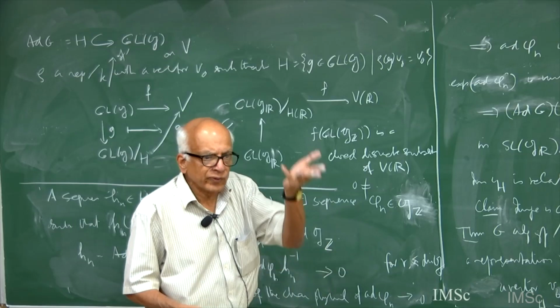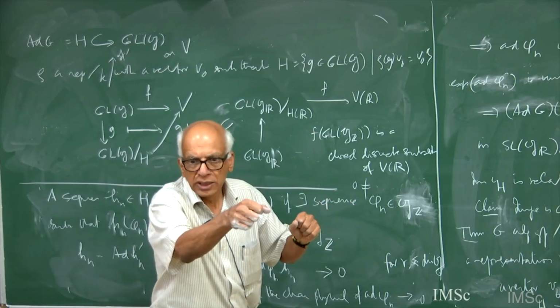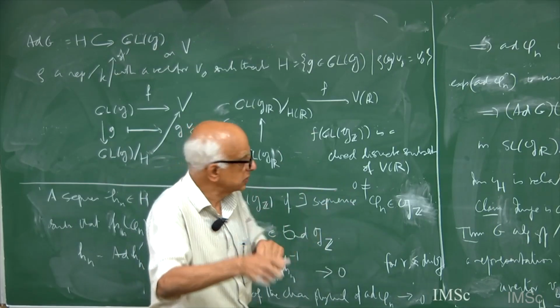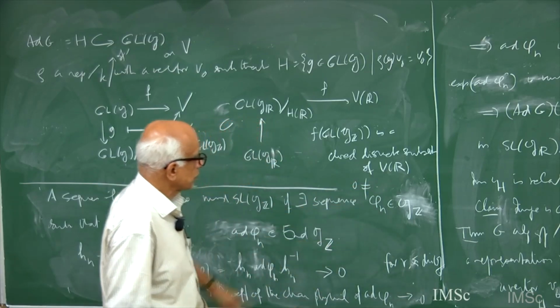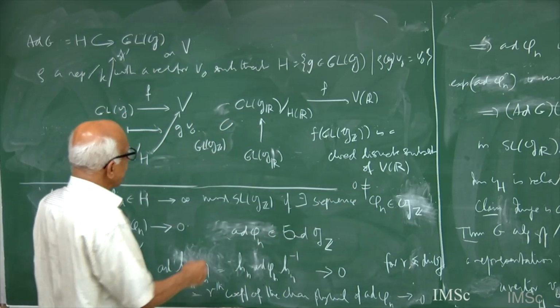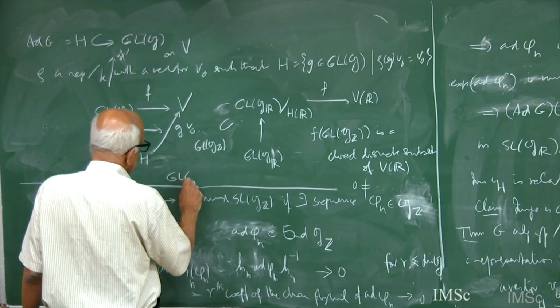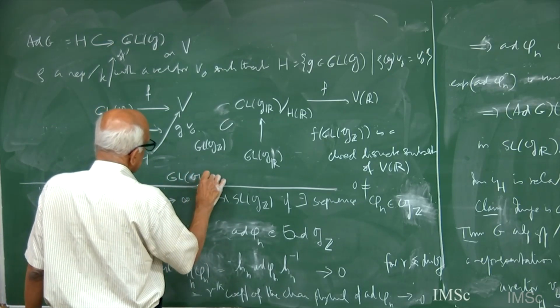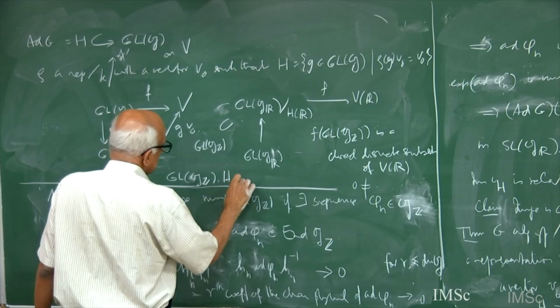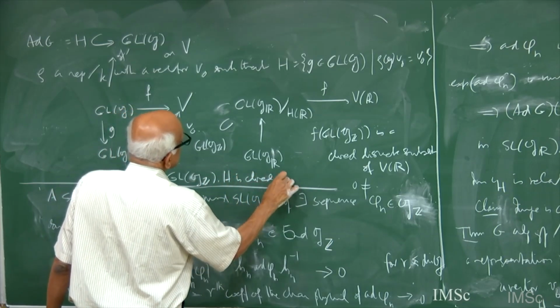It falls into some 1 by n times integral points. So the image is a closed discrete subset, and therefore GL_n(Z) times H is closed in GL_n(R).